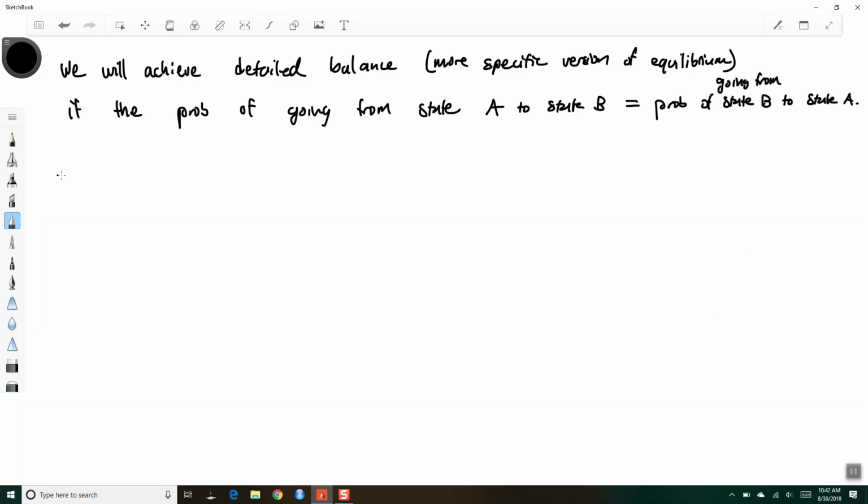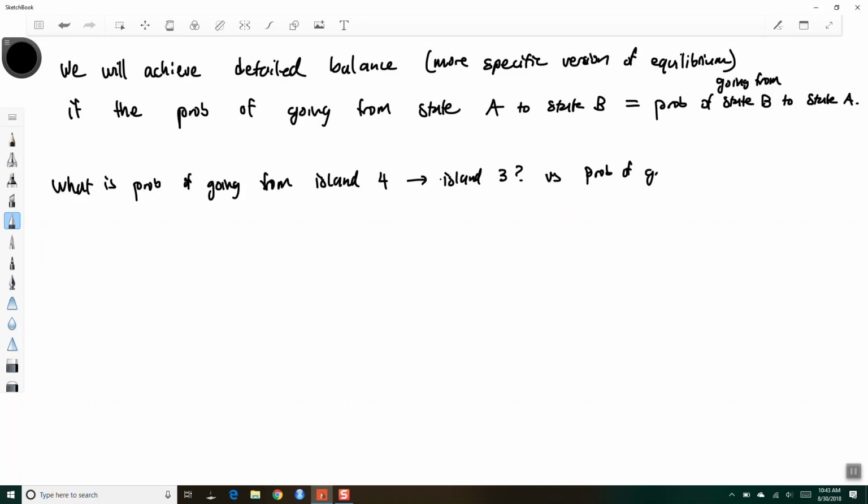So we can just look at what is the probability of going from island 4 to island 3, okay? Versus the probability of going from island 3 to island 4.